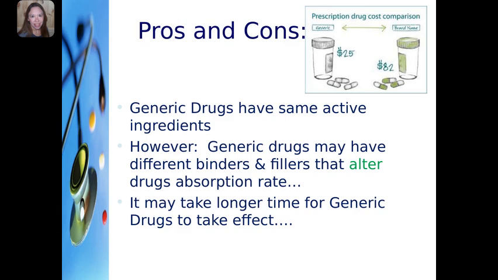So the trade name drug may be absorbed a whole lot faster, and the generic drug is going to take longer to work because it's absorbing at a slower rate. So the trade name drug might take an hour to start working, while the generic may take 2 hours to start working, all because of these binders and fillers.